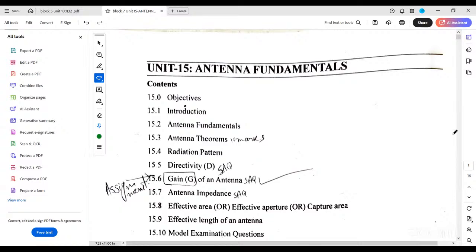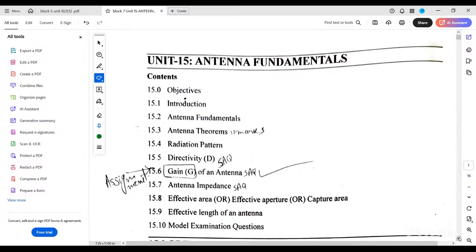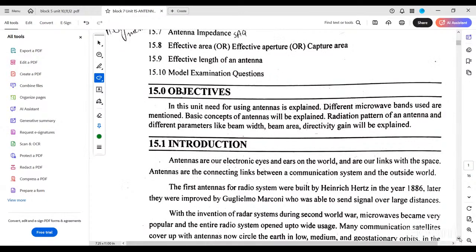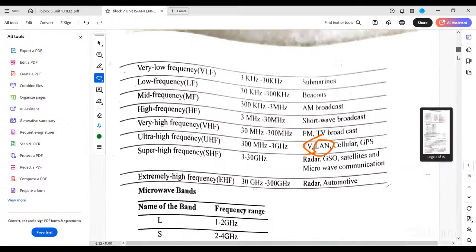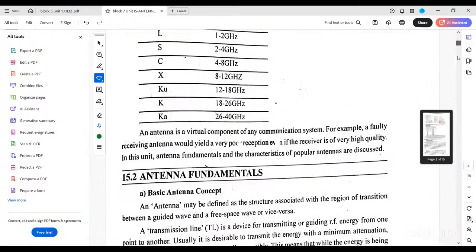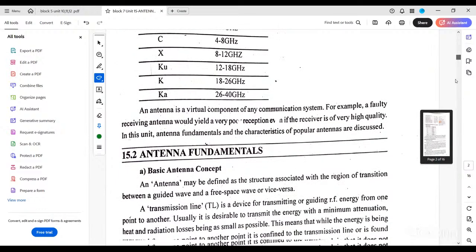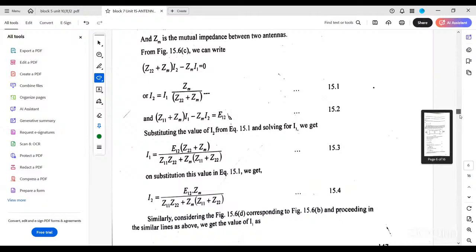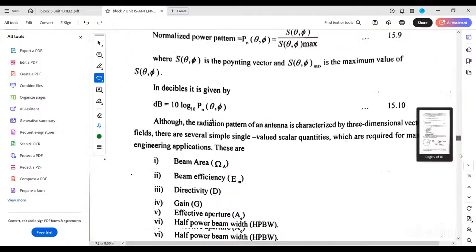Next, directivity D. Beam width, page number 149. This beam width is a simple question, a separate question. Beam width, okay, page number 149.